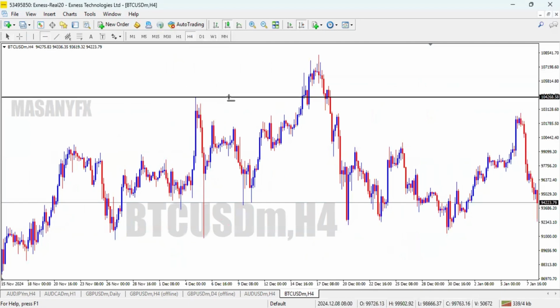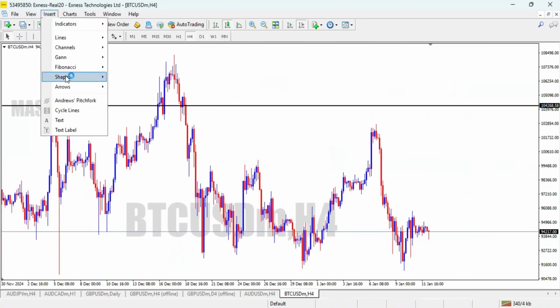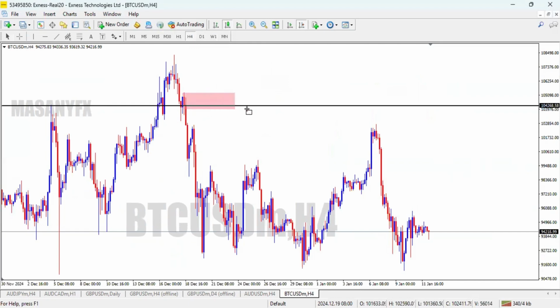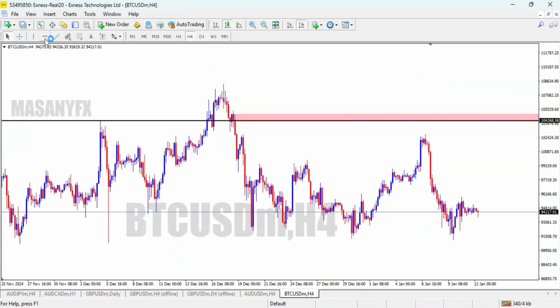Because of the rules of the game, we can't use this supply zone before the breakout here.